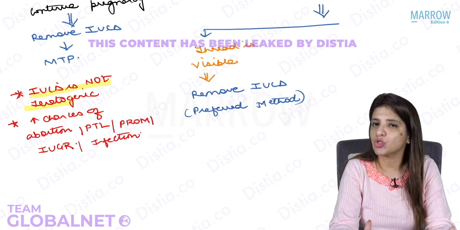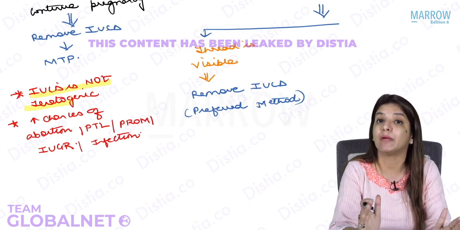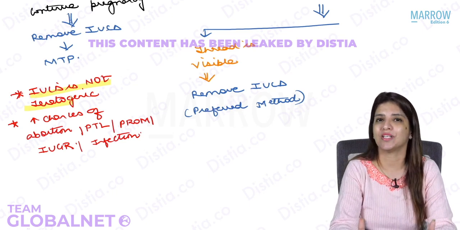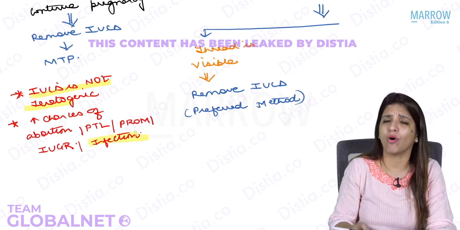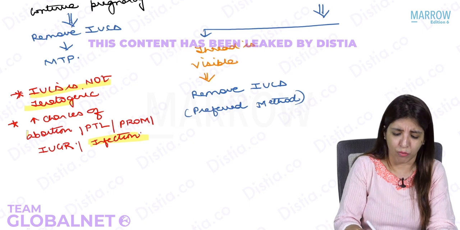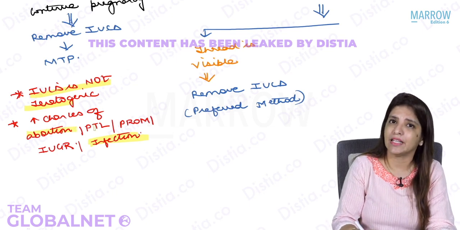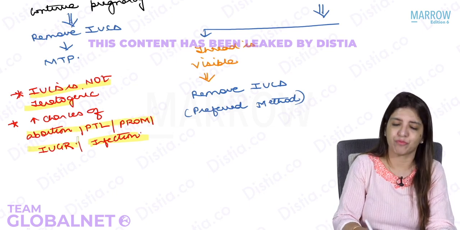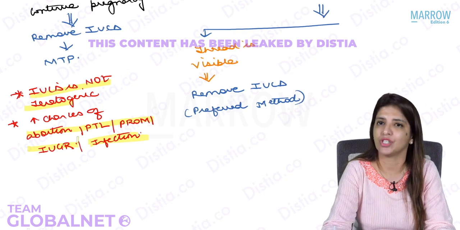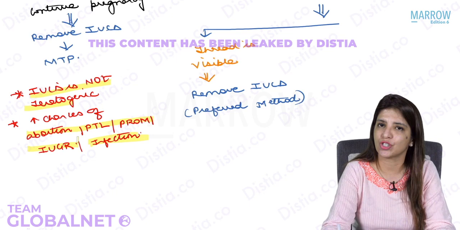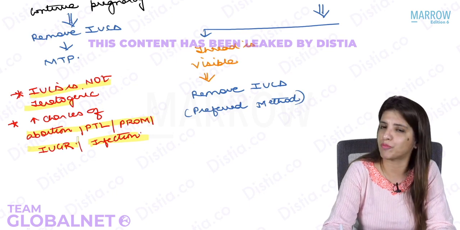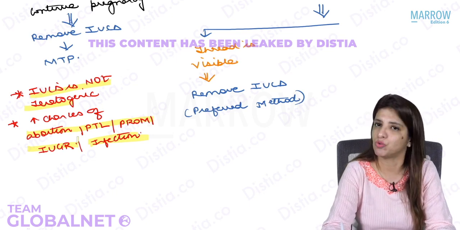The complications which can happen if the IUCD is in place and pregnancy is being continued are, number one, infections. And infections can lead to abortions, preterm labor, premature rupture of membranes, and IUGR. So there are increased chances of abortions, infections, preterm labor, premature rupture of membranes, and IUGR.